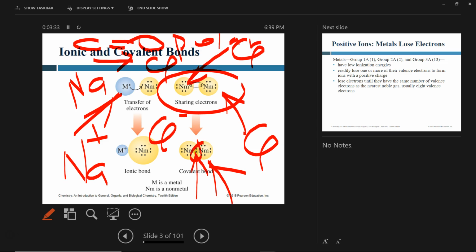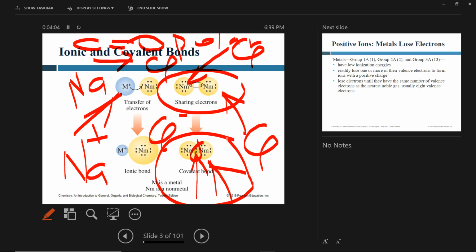What I usually compare these bonds to is kids sharing an Xbox. If you have a really strong kid and a really weak kid, the strong kid will just beat the crap out of the weak kid and take the Xbox. Completely, just take. That's ionic bond. If kids are equally strong, they will share the Xbox equally. So that's covalent nonpolar. Two chlorines.